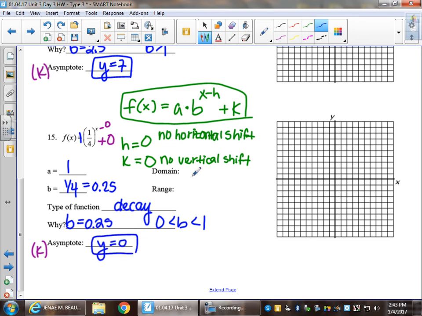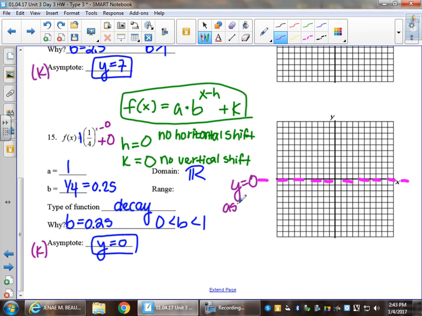My domain will be all real numbers. I just know that. But technically, let's do the graph first. And you can just know that too. For all of these exponential functions, until we get into the real world, just on a graph, coming from the left, coming from the right, you're always going to hit an arrow. But let's graph first. So I put in my invisible dotted line on my y-axis at y equals 0.